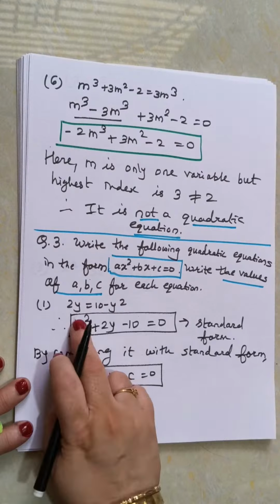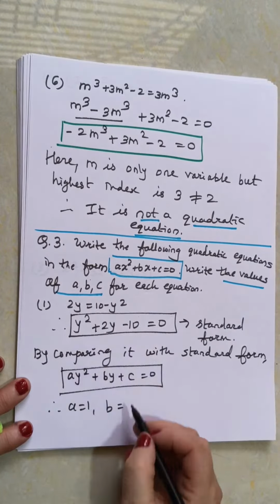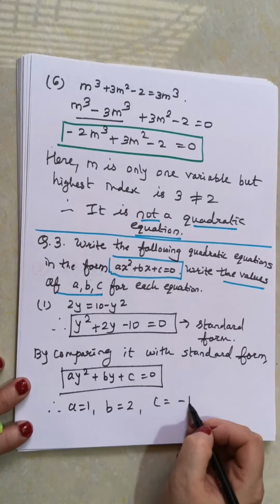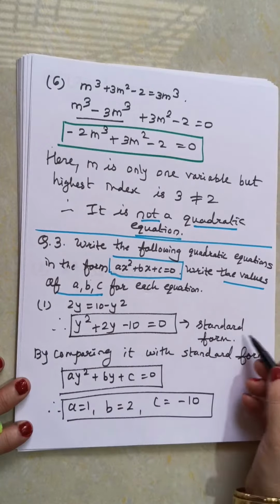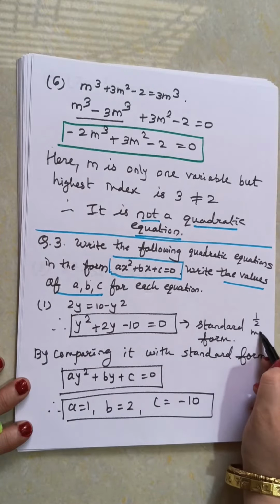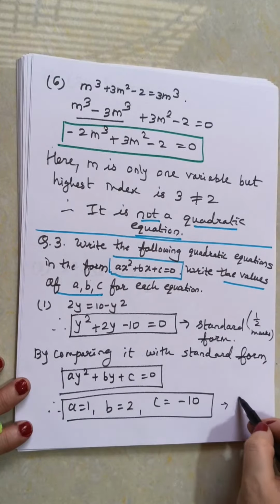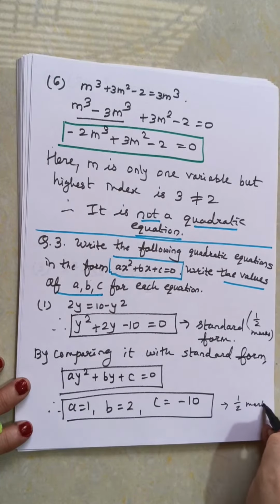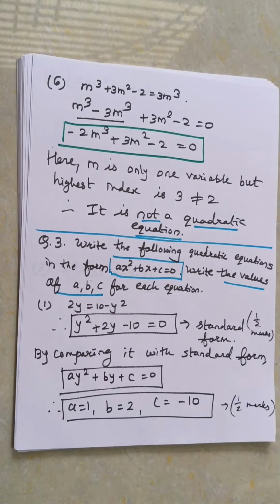So a will be 1, b will be 2, and what is c? That is -10. So for writing standard form you will get half marks, and for writing a, b, c correctly you will get half marks. So this type of question is 100% asked for 1 mark in our board exam.